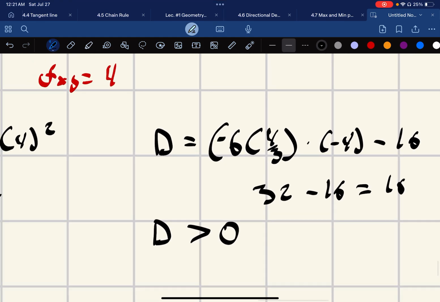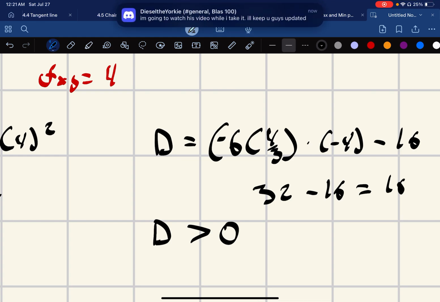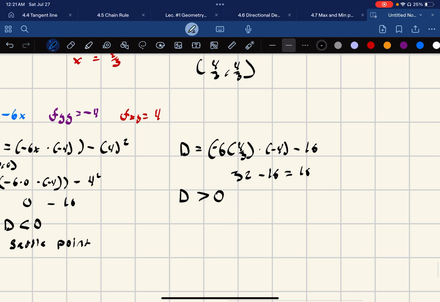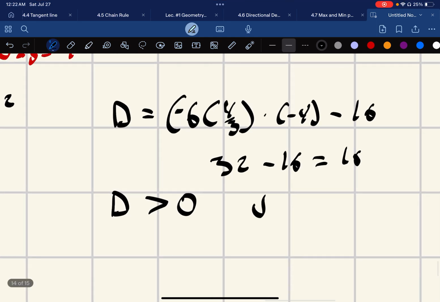But looking here, our partial of f with respect to x, the double one, is less than 0, right? Because you could tell by this negative, so it'd be less than 0.